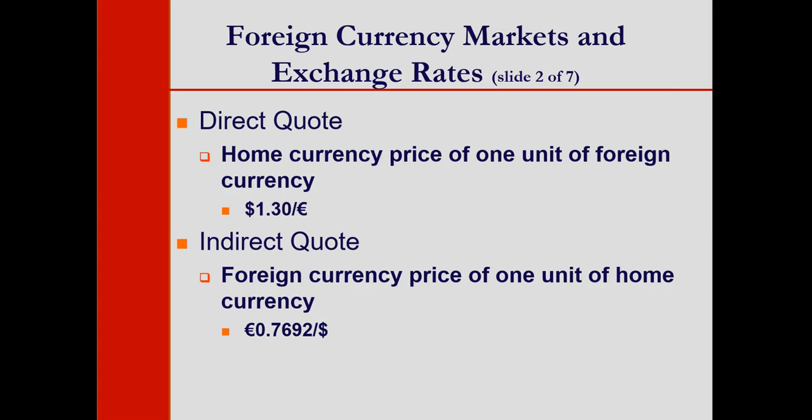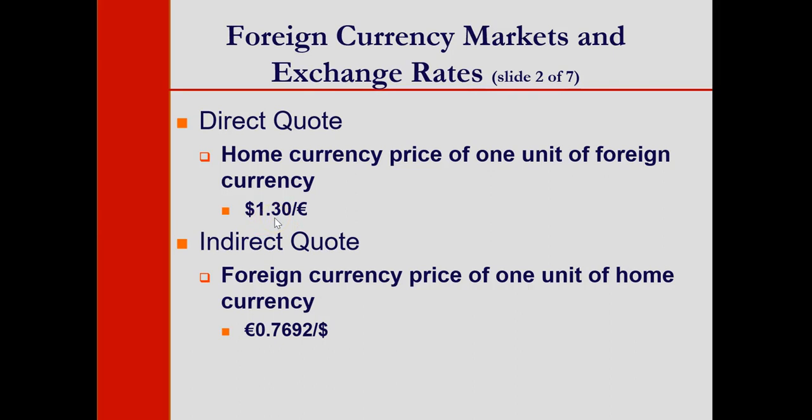For example, it shows right here $1.30 per euro. This is direct quote because we are in United States. We want to know everything in terms of dollars. How many dollars we need to sacrifice to get 1 euro, right? Or what is the price of 1 euro? This is per euro. So 1 euro is equivalent to $1.30.